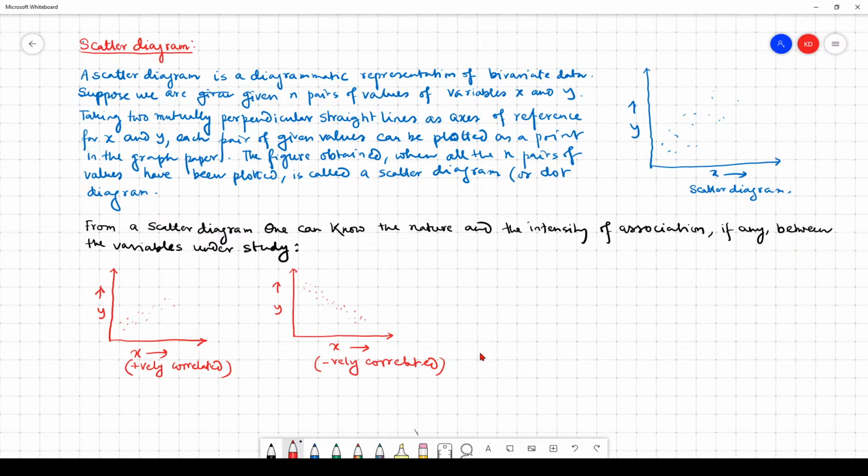And if the diagram looks like this, it suggests there is a nonlinear relationship between the data.